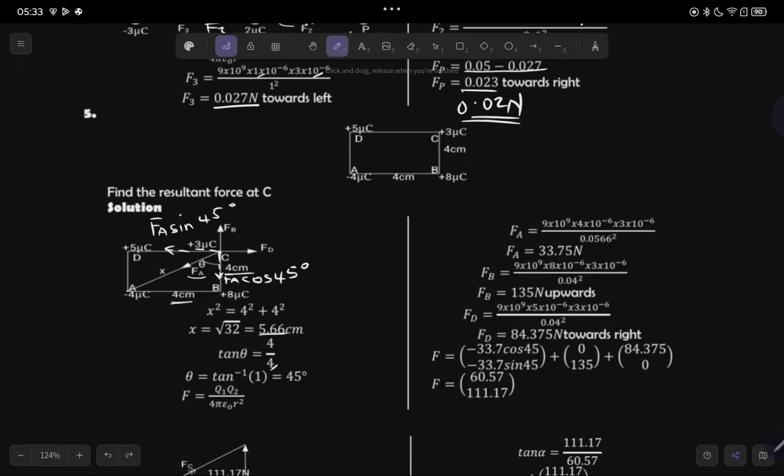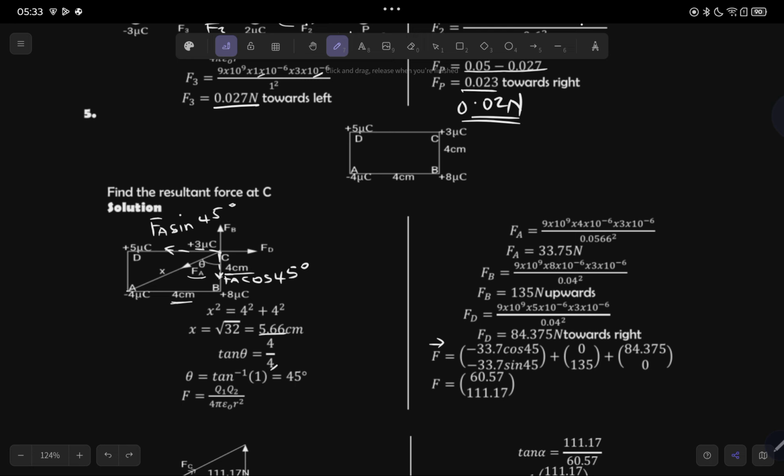So next we are now going to resolve, write the force as a vector. So the force F, we look for the horizontal component. Horizontally, Fa is facing backwards.